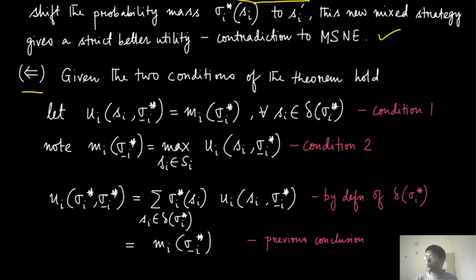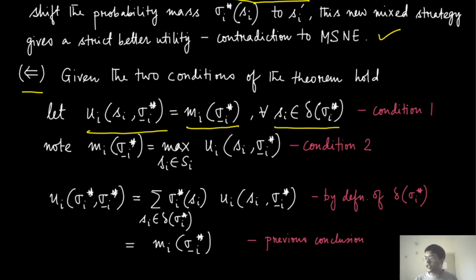From condition 1 we know that Ui(Si, sigma minus i star) is going to be the same for all the Sis which are living in the support of sigma i star. So let us denote that with a notation mi of sigma minus i star. Of course, this is not a function of Si anymore, because it is going to be a constant for all the strategies inside the support.